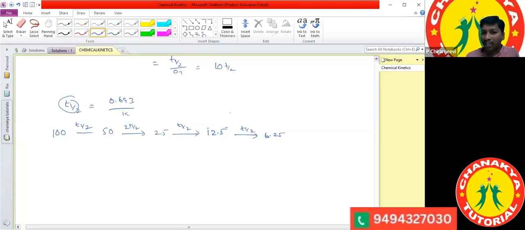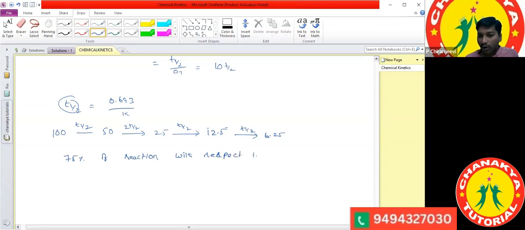Now let us see how they're asking the question. How much time is required for the completion of 75% of the reaction, with respect to the half-life period of the first order reaction? Let me repeat the question once again: how much time is required for the completion of 75% of the reaction with respect to half-life period?